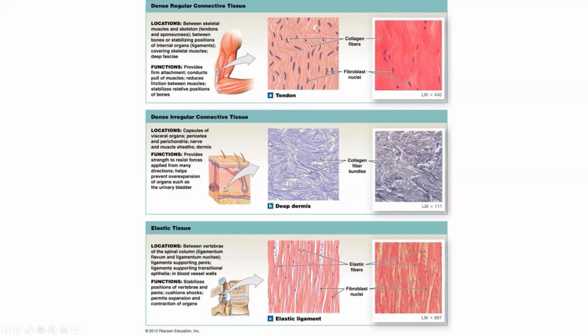Contrast that with this scenario where I will need more than one arrow to represent the different directions that these structures appear to be traveling. So this is dense regular and this is dense irregular.